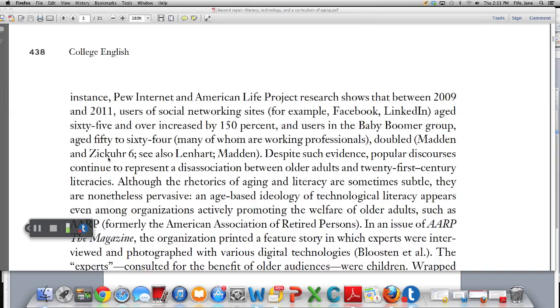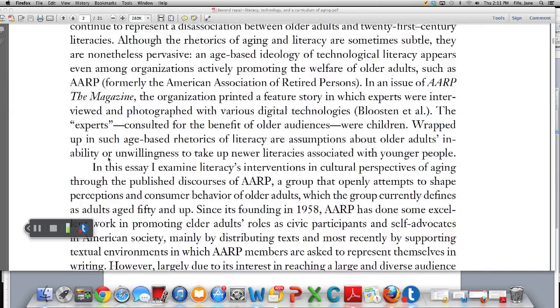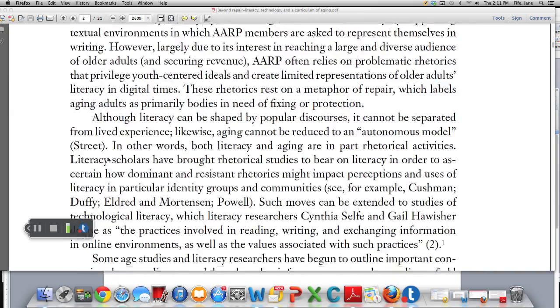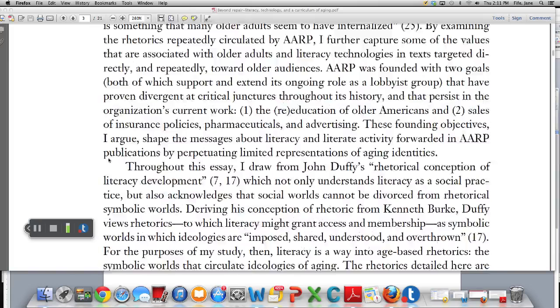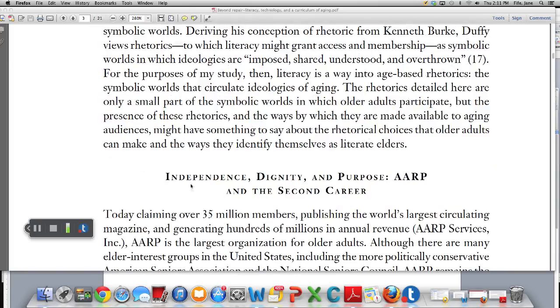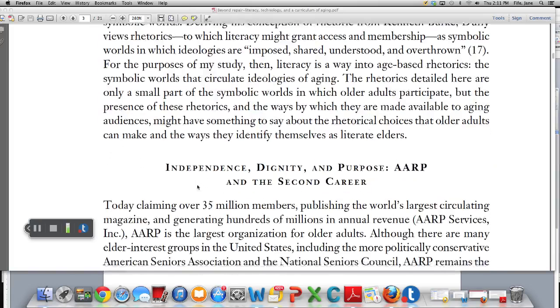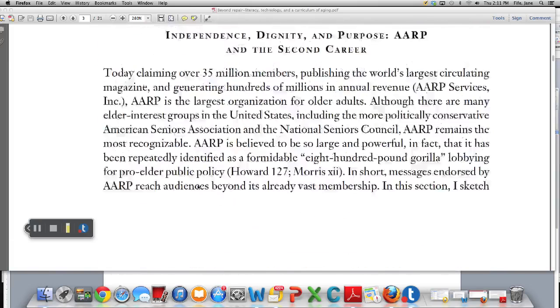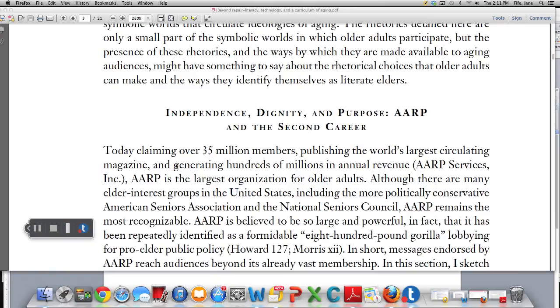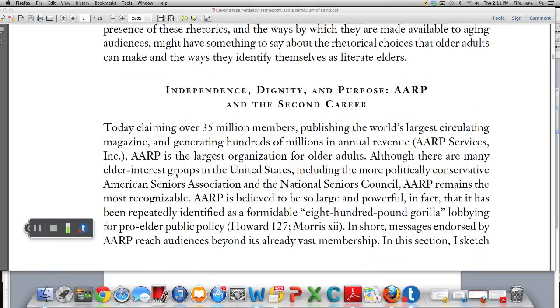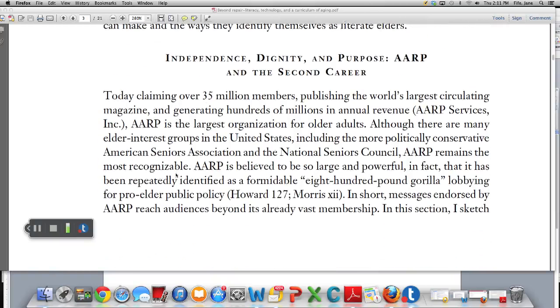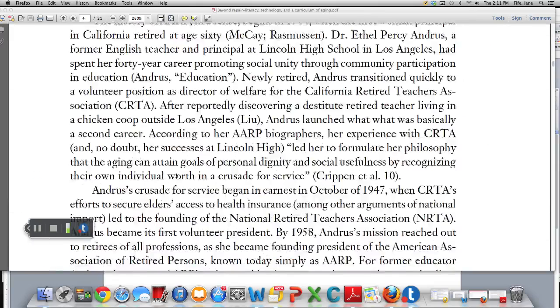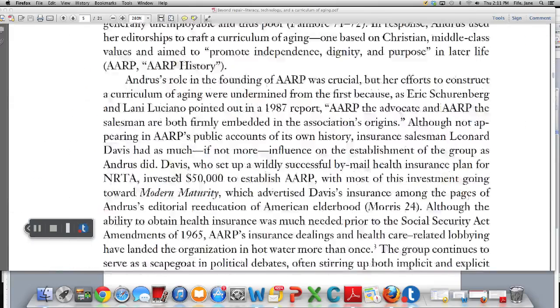And so this first section that didn't have a title is the introduction, and then they get into some more specific categories within the introduction and background material, and they give those titles like Independence, Dignity, and Purpose, AARP, and the Second Career. So this goes into examples of this theme in AARP literature.